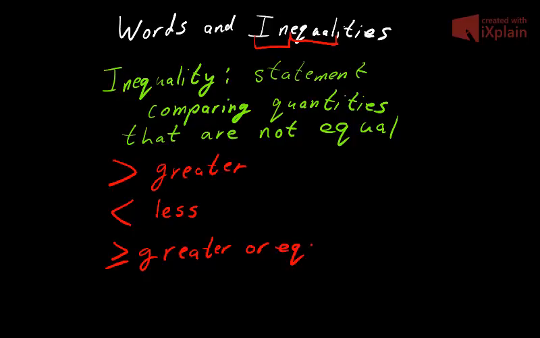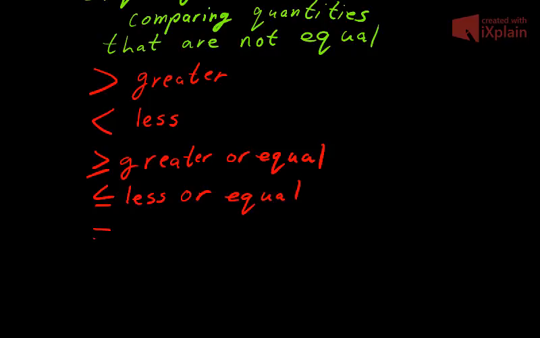This is less than or equal to. And our last one is going to be the does not equal. Those are going to be the 5 different signs we can use today that are not equalities. All these things tell us something about our two numbers. That means they're not necessarily equal, but it's saying something different.